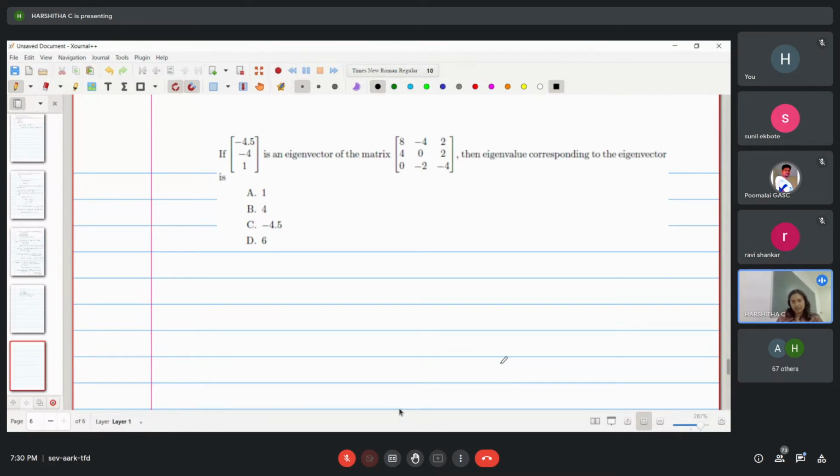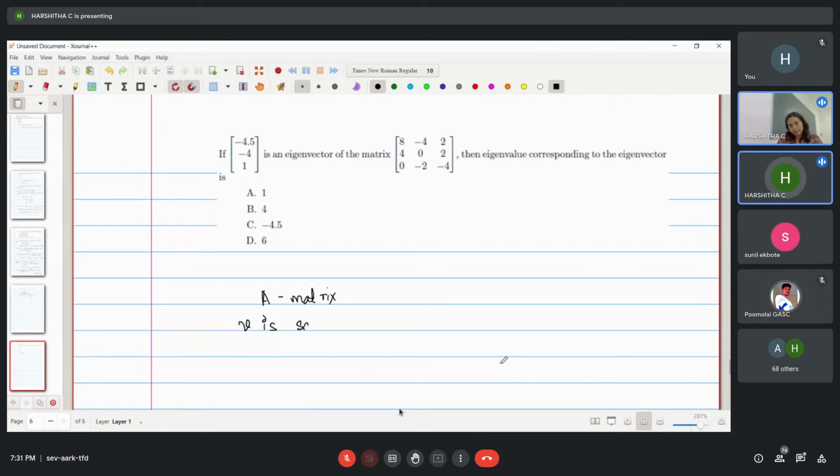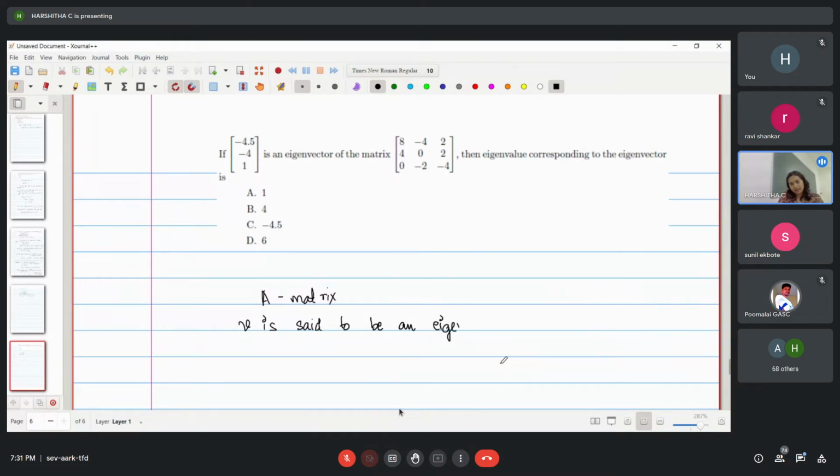Again, let's recall, if you have a matrix A, a vector v is said to be an eigenvector of A corresponding to an eigenvalue lambda if it satisfies Av equal to lambda v.